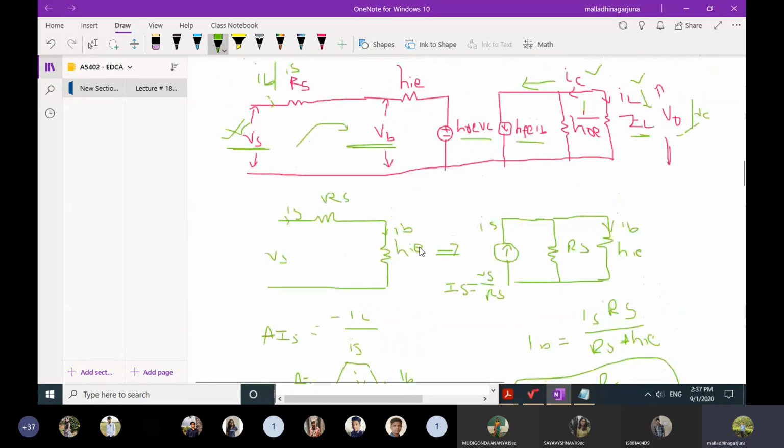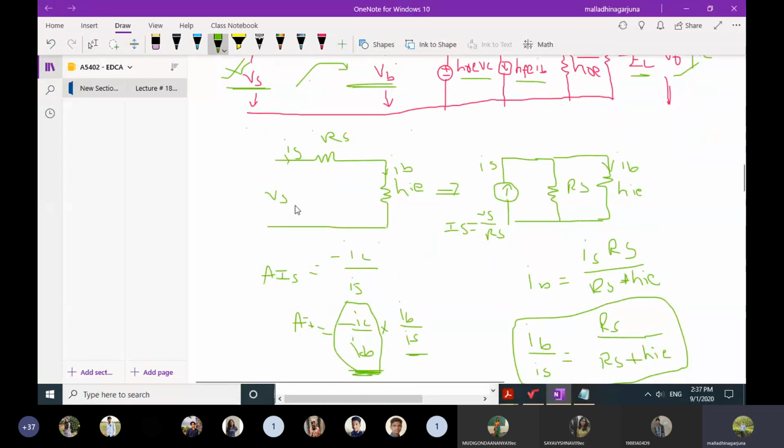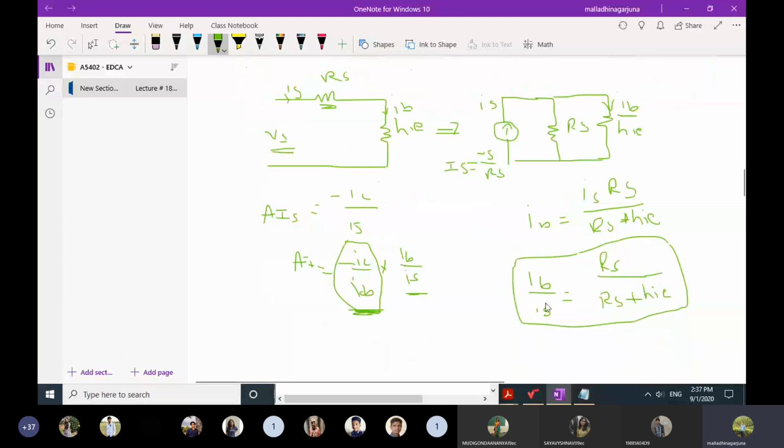So we use the source transformation theorem, because the input is a voltage source. If the voltage source is converted into a current source, the current is equal to Vs by Rs, and the series resistance comes into parallel with Hi and Ib. Therefore the Ib current is equal to the opposite source Is into Rs by Rs plus Hi. From this, Ib by Is equals Rs by Rs plus Hi.